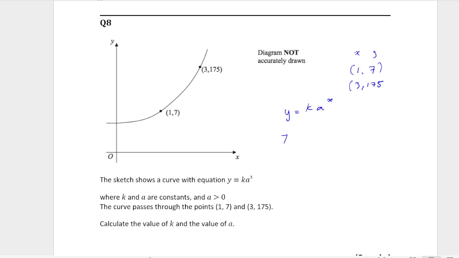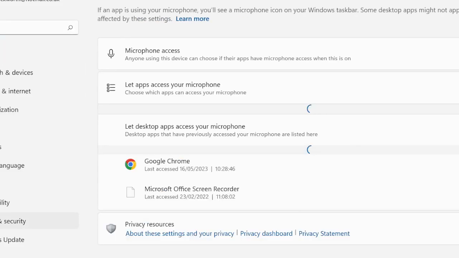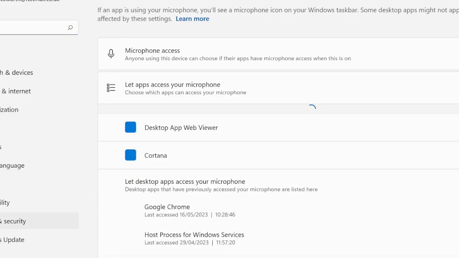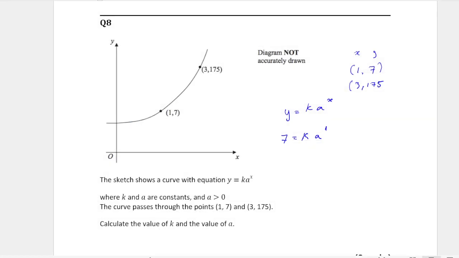So first of all, 7 is equal to k a to the power 1, and then my second one is going to give me 175 is equal to k times a to the power 3.